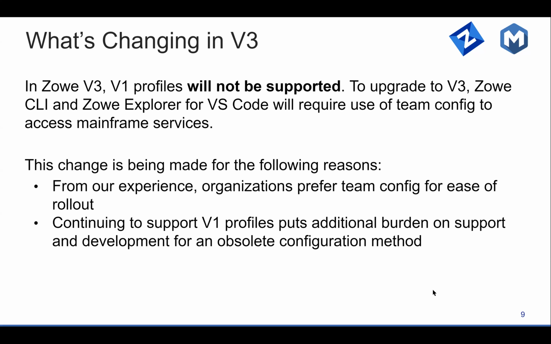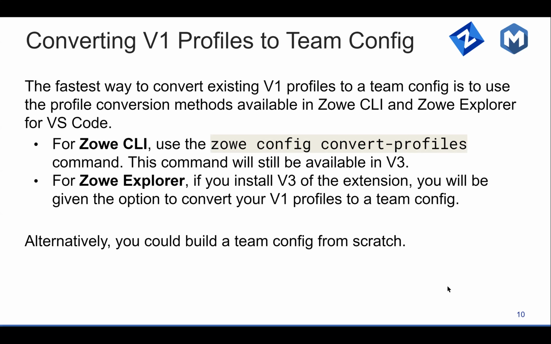So the question then is, what should you do if you're still running the V1 profiles in Zowe CLI or Zowe Explorer? I think the fastest way to get from V1 profiles to a team config is to use the profile conversion methods that are available in Zowe CLI and Zowe Explorer for VS Code.